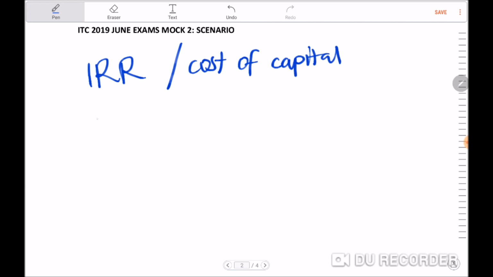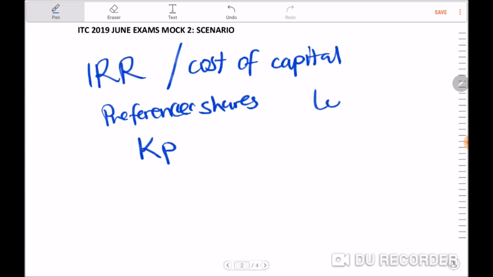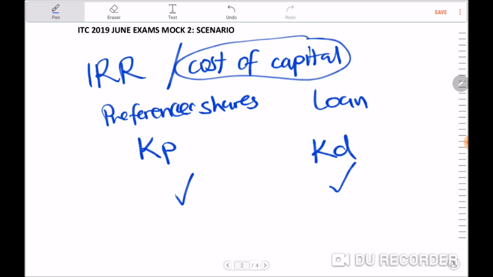So for the preference shares, I needed to calculate the cost of the preference shares. And for the loan, I also needed to calculate the cost of the debt. And then I compare my options between preference shares and the loan option in terms of cost, and I select the most appropriate method or instrument which reduces the cost for 21st.